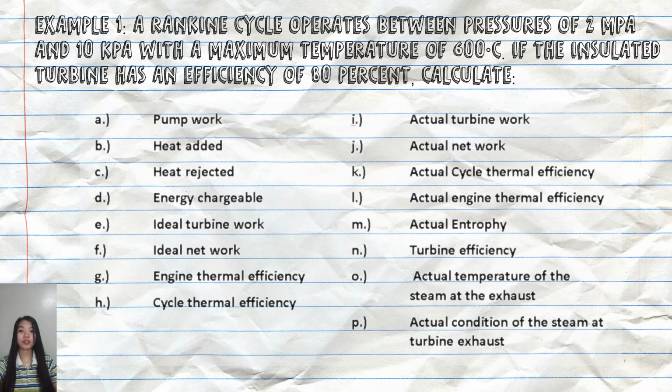Next is actual turbine work, actual network, actual cycle thermal efficiency, actual engine thermal efficiency, actual entropy, turbine efficiency, actual temperature of the steam at the exhaust, and lastly the actual condition of the steam at the turbine.